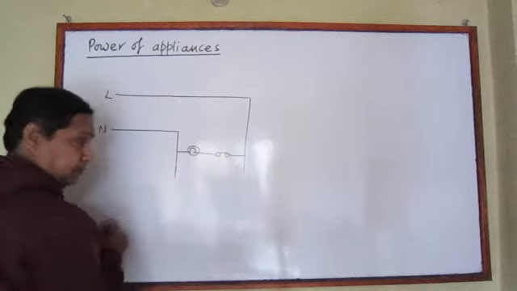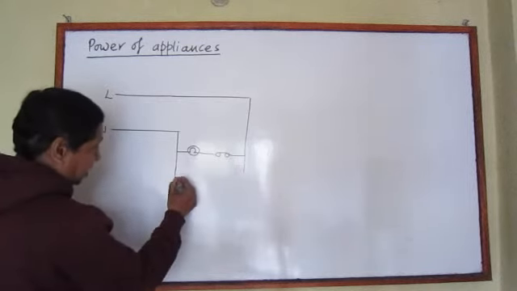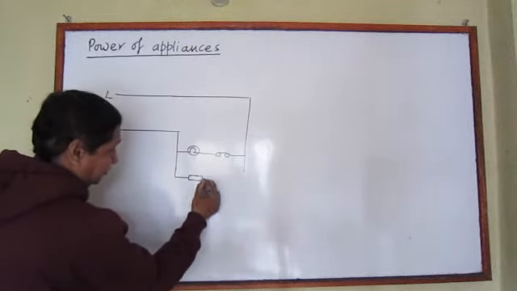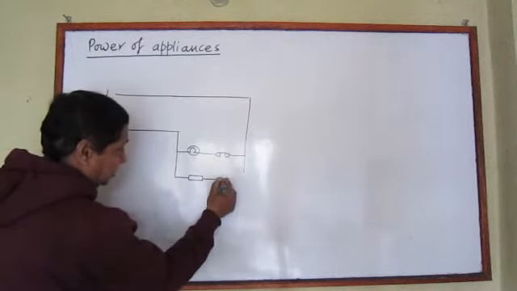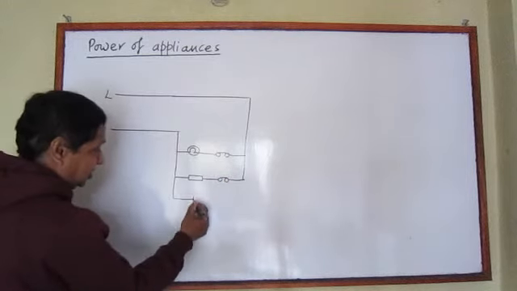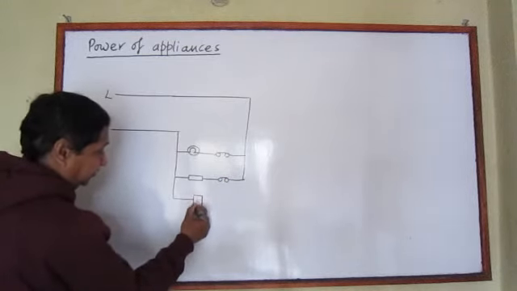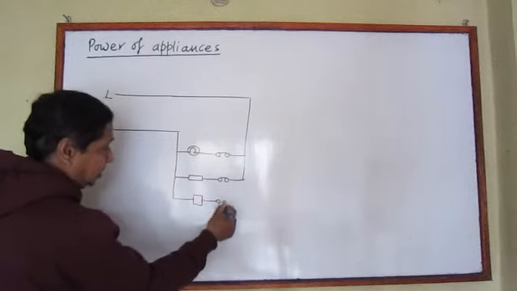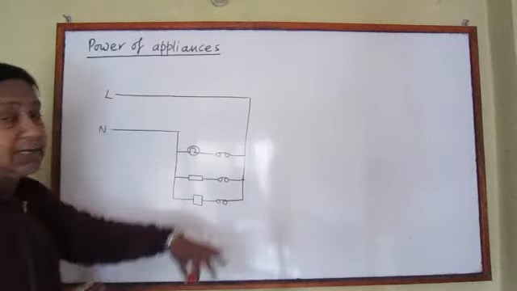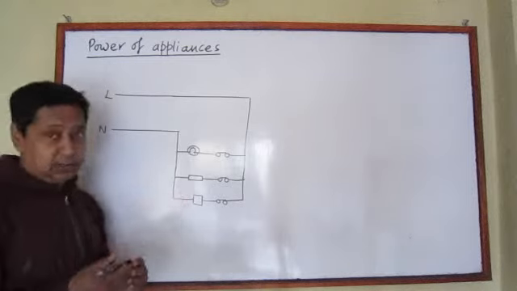Let's say the switch is on, and another appliance, let's say this is a tube light, and this is another appliance, let's say this is an electric heater. All the appliances of a household circuit are connected in parallel to each other.